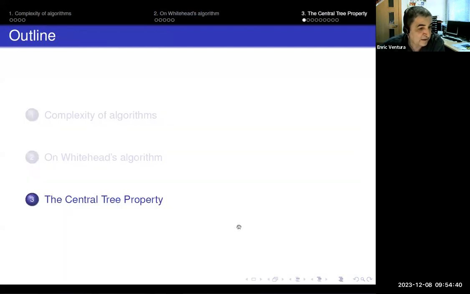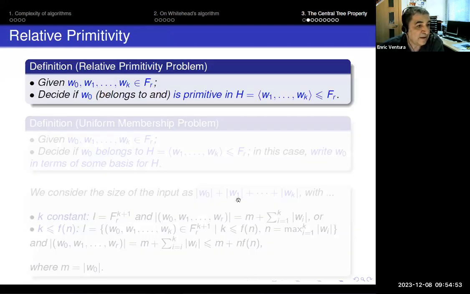Okay, and in the last part of the talk, let me explain this central tree property and how to solve the same problem, but in a relative situation. The relative primitivity problem is the following.